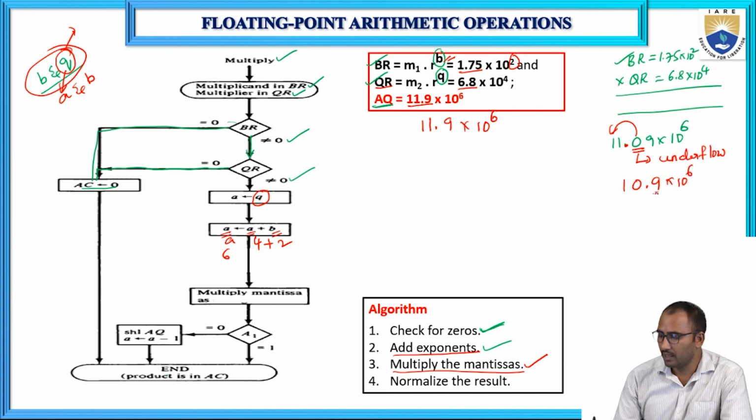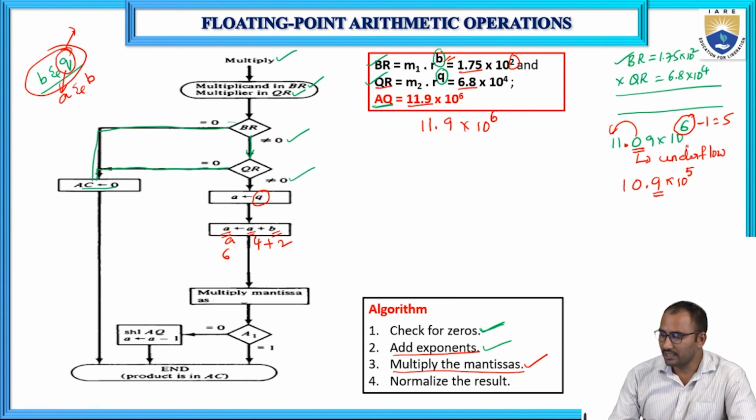That means the underflow is rectified and removed. The underflow problem is overcome by performing the shift left operation. Now the exponent: when we perform shift left, the exponent value is decremented by 1. So 6 minus 1 becomes 5.